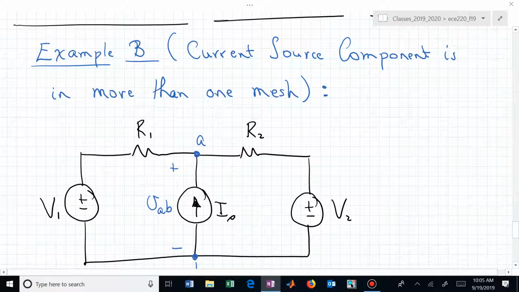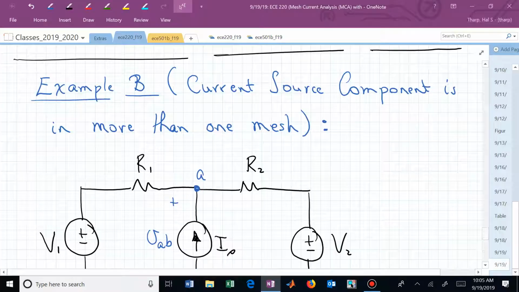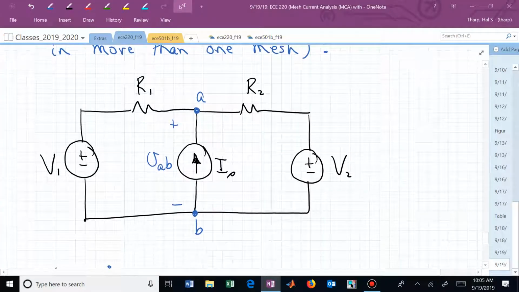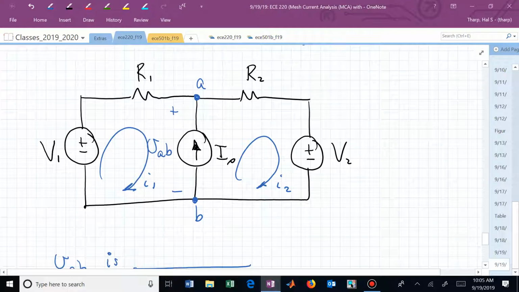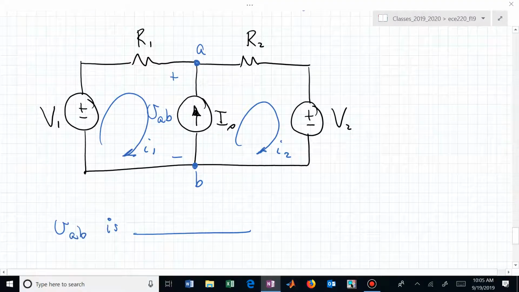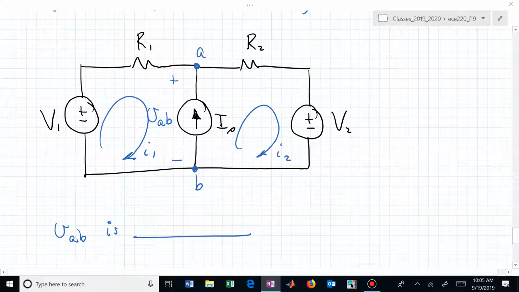And here, let's go ahead and label this as I1, and that is I sub 2. What do we know about V sub AB? The voltage dropped across that current source. Do we know it?